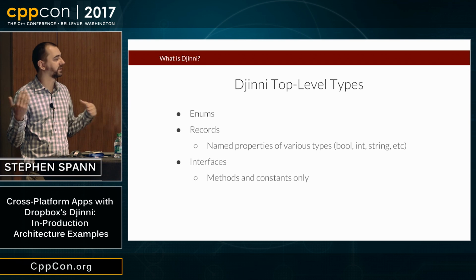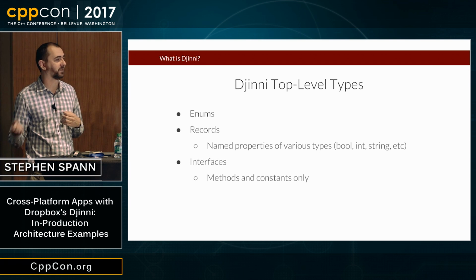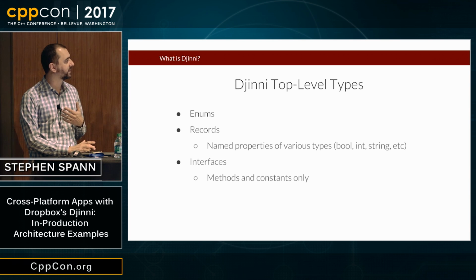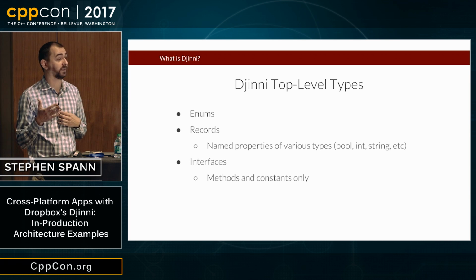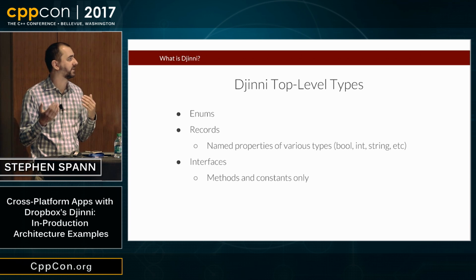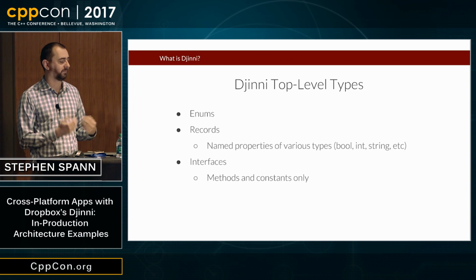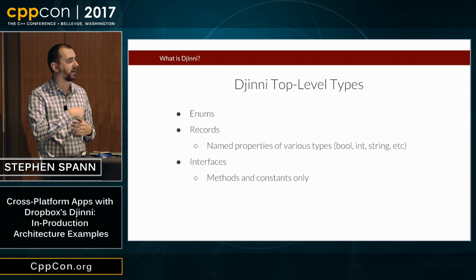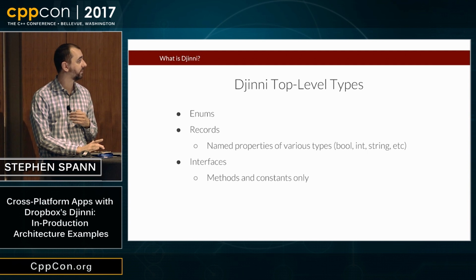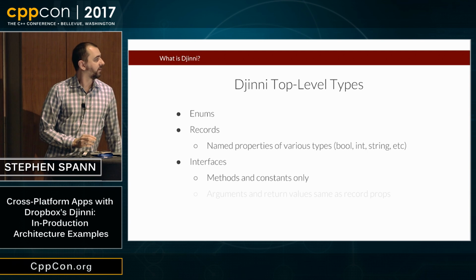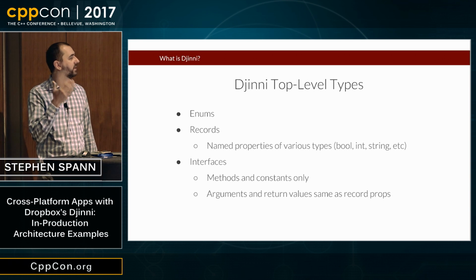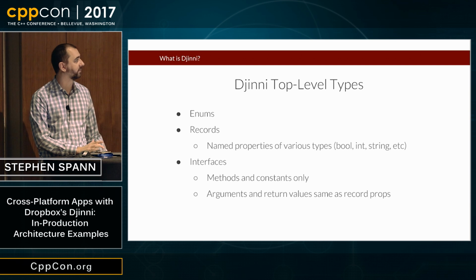This is going to allow us to send methods back and forth between these three languages. You can add constants as well. The main thing missing here is properties. We're not going to really be able to build an interface with properties unless we build our own methods to get and set them. You can get around that by using private members in your various implementations of the interface. And your methods can have arguments and return values of all the same types that the records can, the record properties.